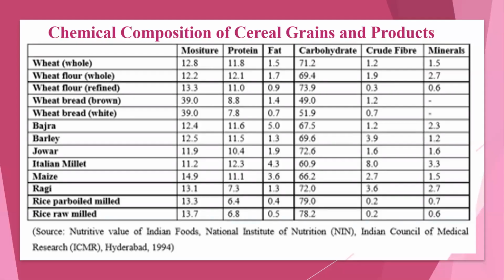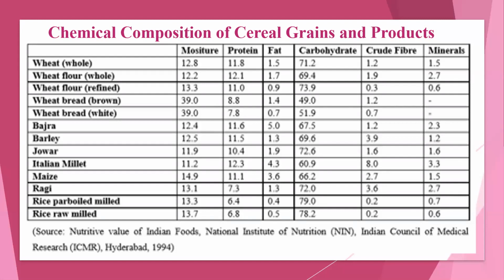Here in this table, you can see chemical composition of cereals and cereal products. Here you can see that moisture content ranges from 11.2% in Italian millet to the maximum level of 39%, that is in wheat bread, be it white or brown, both having the same amount of moisture.